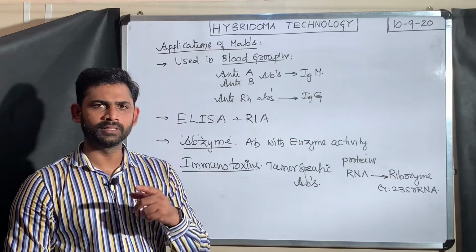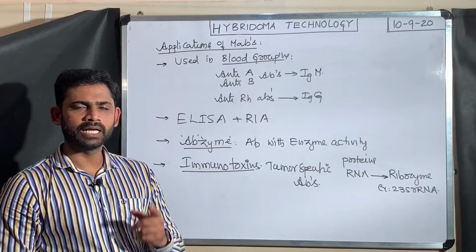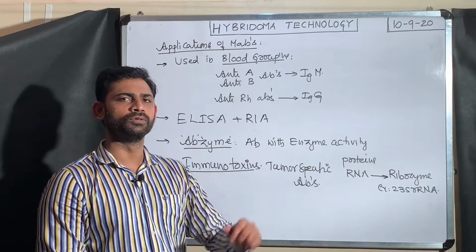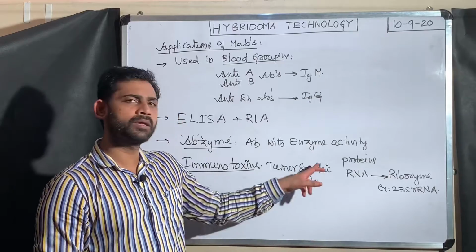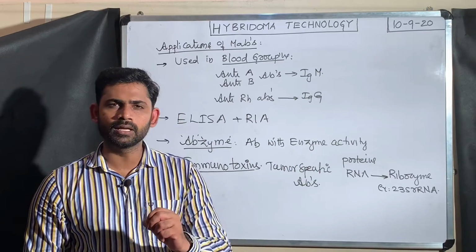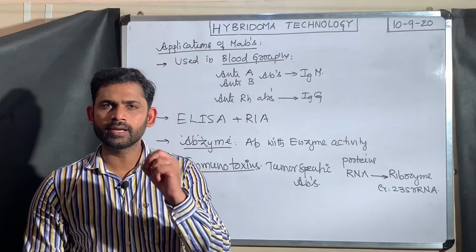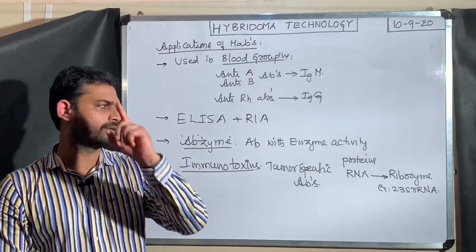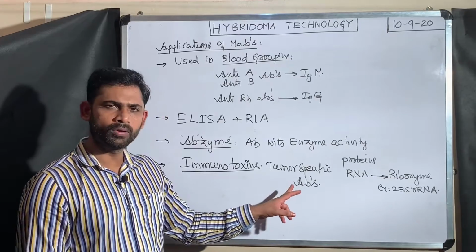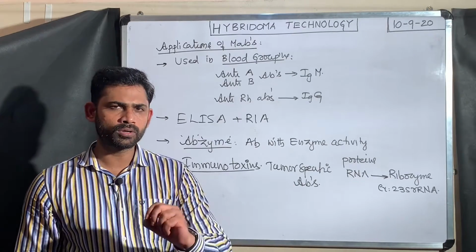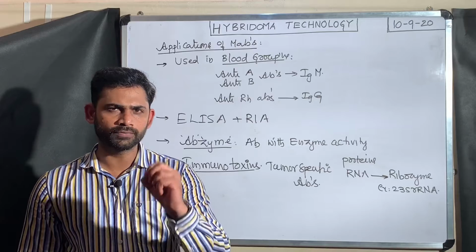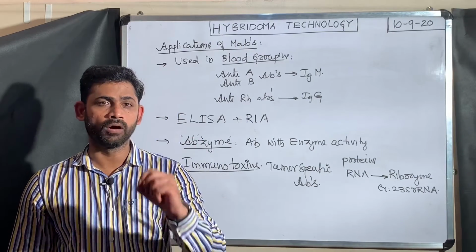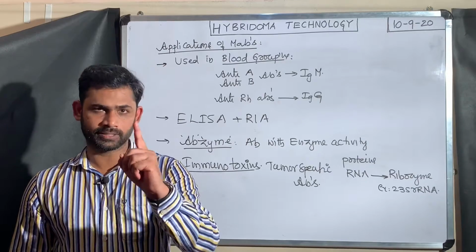Some of the cancers are caused by viruses. That is why these antibodies react with a particular tumor, or go and react with a particular virus infected cell or cancer cell. That means these monoclonal antibodies are not only used for the detection of tumors in our body, but are also responsible for killing tumor cells.